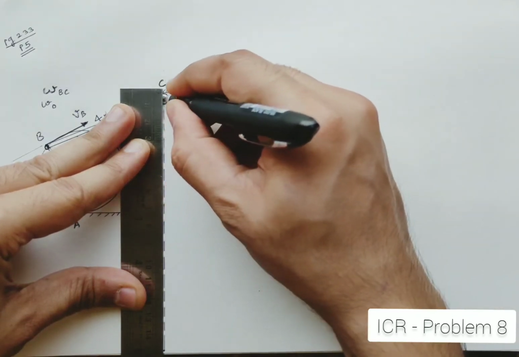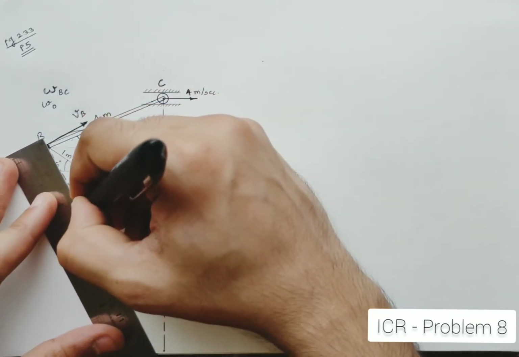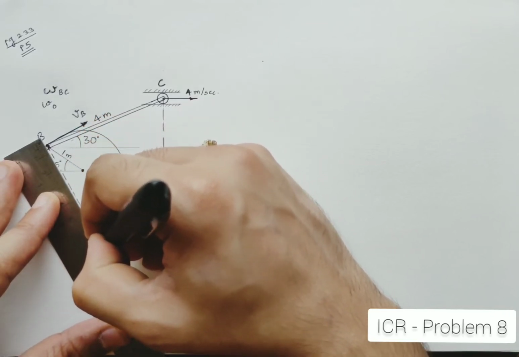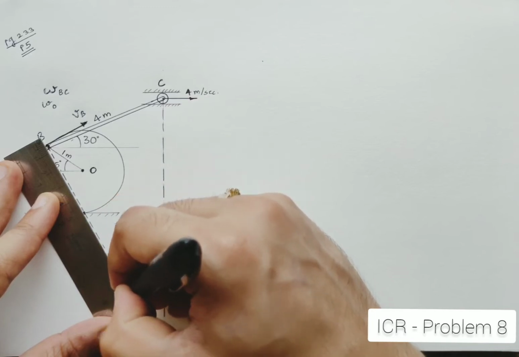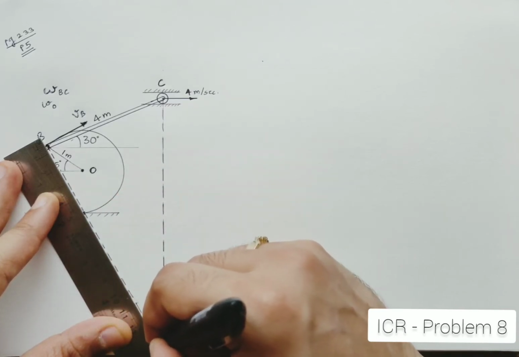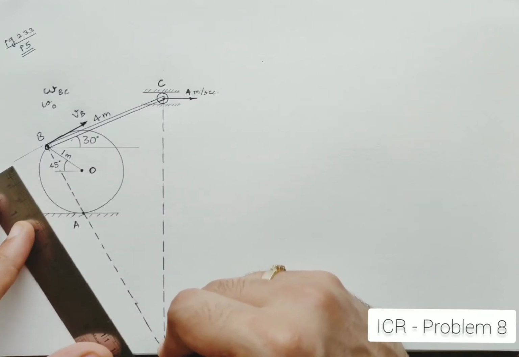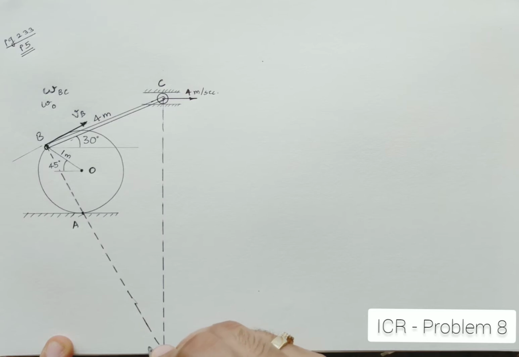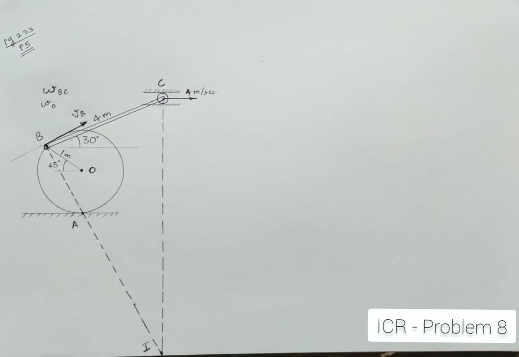This is for the velocity for the point C, and this one, if I extend it, I will get it located somewhere over here. It is at the bottommost point, so I can say this point is nothing but my I point, which is the ICR for the link BC.